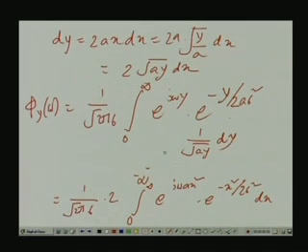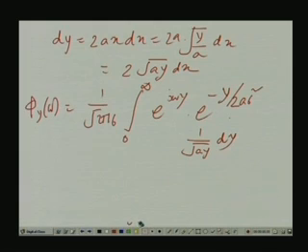Which means this quantity 1 by root 2 pi sigma e to the power minus y by twice a sigma square into 1 by square root of a y. This is your p y.